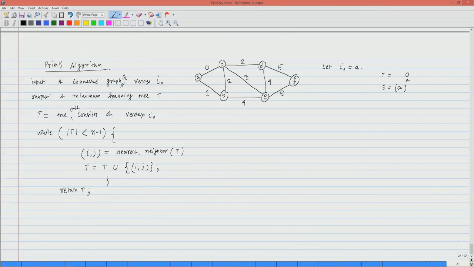and you find the nearest neighbor of S complement.